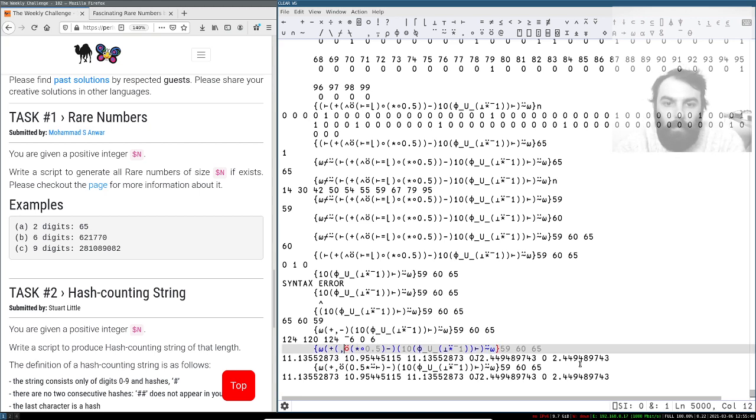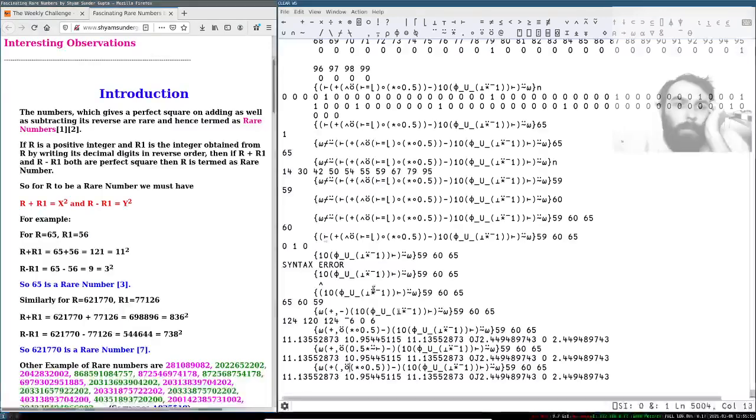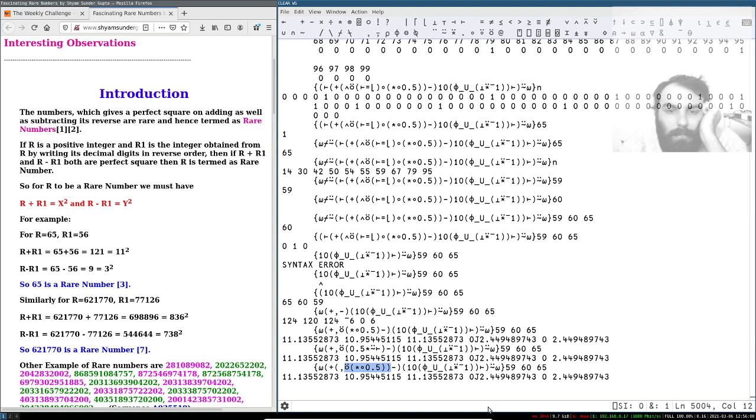This is interesting. This is supposed to do omega plus r plus r1, and then take the square root. Come on, you son of shit. Right. Who's the plus? Who's the minus? There's something with them.